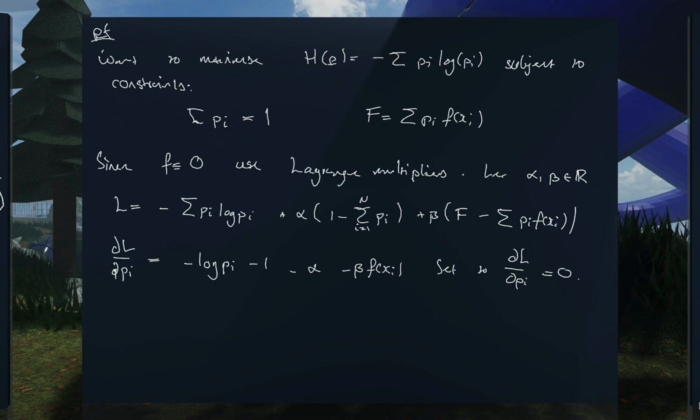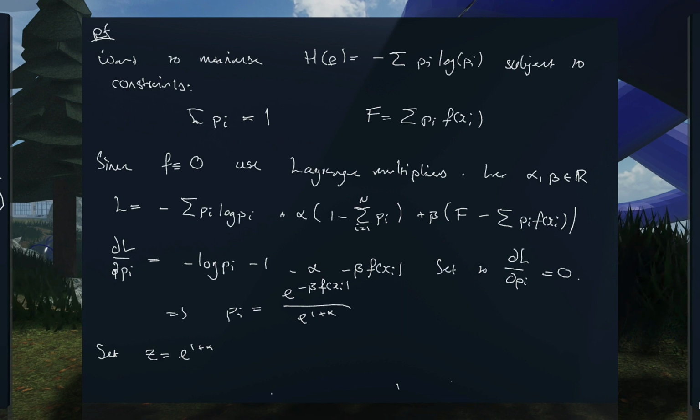Now, solving for pi will give that pi is equal to e to the minus beta f of xi, over e to the 1 plus alpha. Okay, and we're going to set Z to be e to the 1 plus alpha.